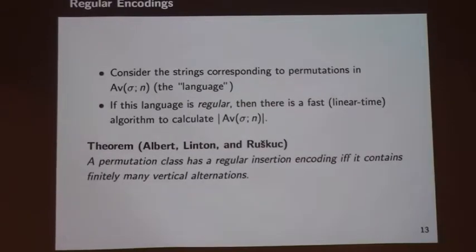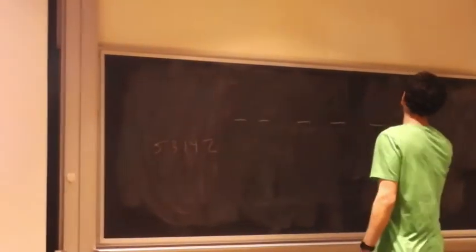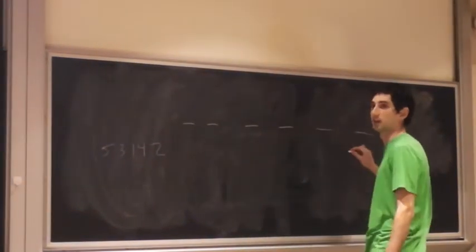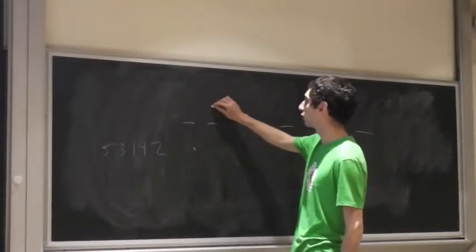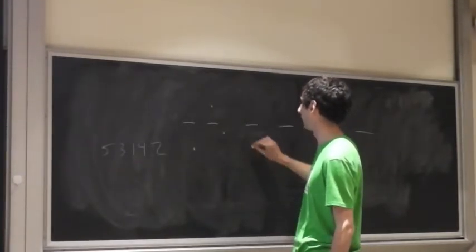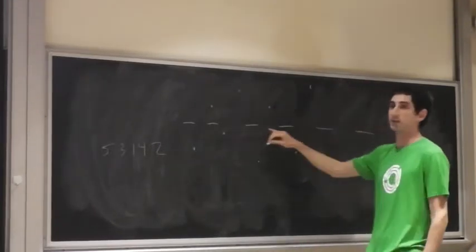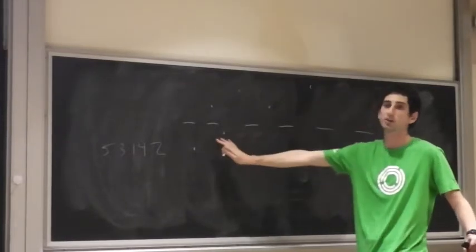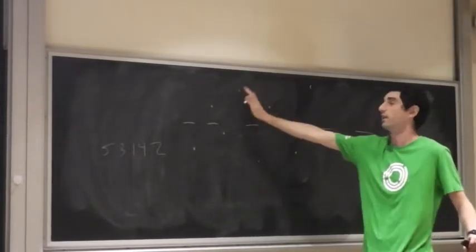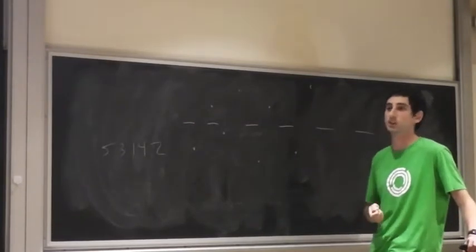A vertical alternation is a permutation where I can put some line down here, and then the elements of this permutation will alternate above and below the line. So there's some value such that all of my odd elements are below it and all of my even elements are above it, or vice versa. So that's what a vertical alternation is.